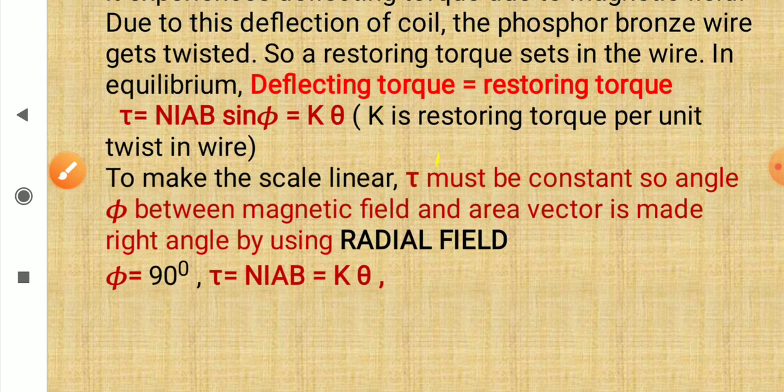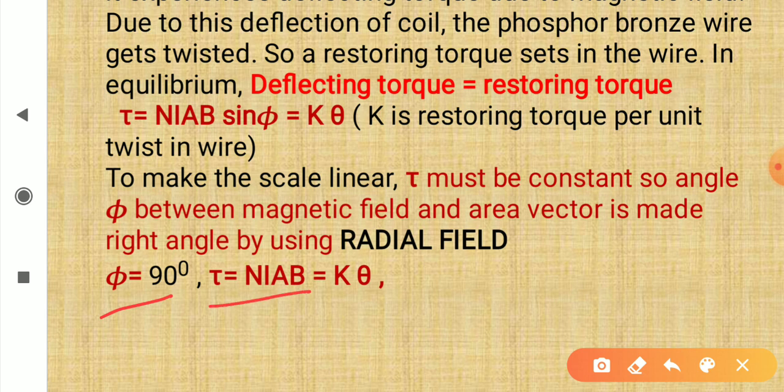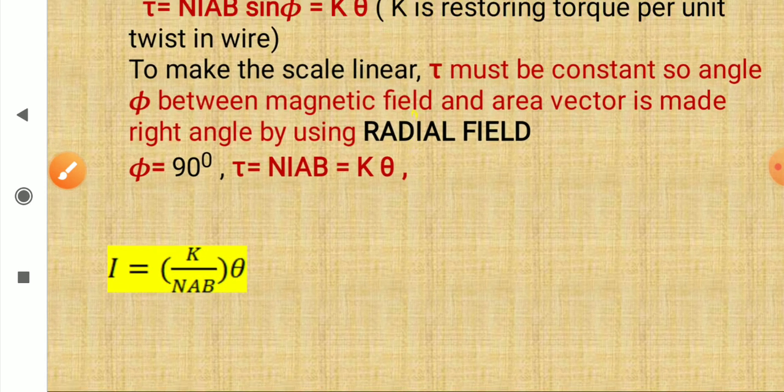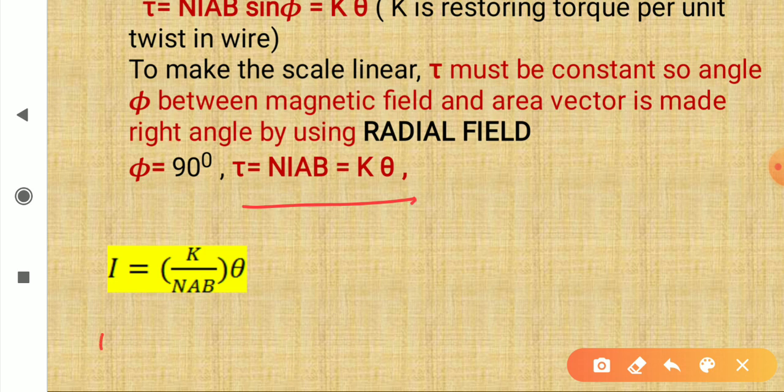So phi is 90 degrees, torque is equal to NIAB, which is equal to K theta. I just change the side here, and you get current I equal to K upon NAB, times theta. If you look at the terms inside the bracket, this is constant.